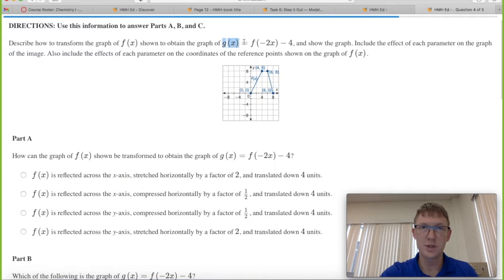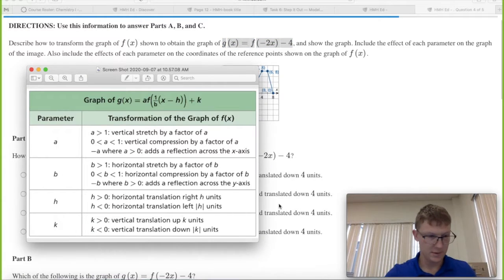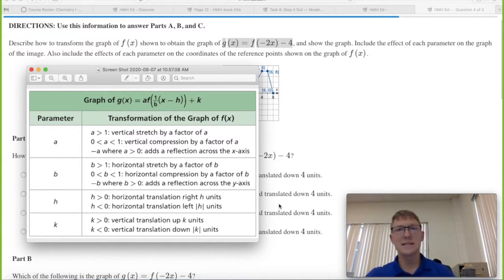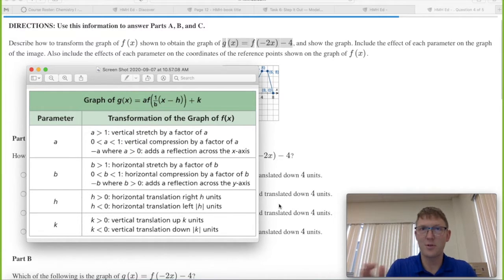So our function is right here. So let's write down what we've got. So on the inside of our f, and again, I'm just moving left to right, so there's nothing on the outside. In the front, there's a -2 on the inside, so that means that our b is equal to -1/2. Okay, following why that's not -2.